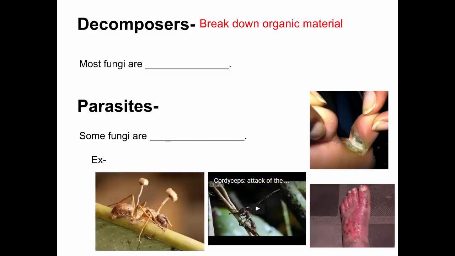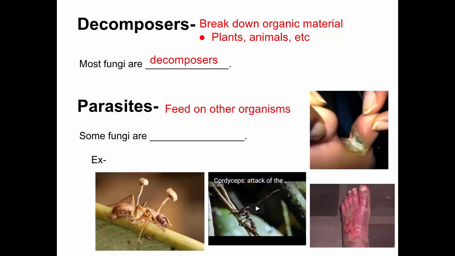So fungi are decomposers in that they break down organic matter. And some, however, are parasitic and feed on other organisms. Okay? And some examples, athlete's foot. So this is from when Mr. Arcturi had it 2 years ago, athlete's foot.